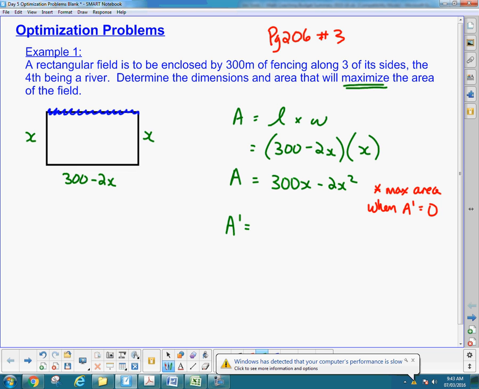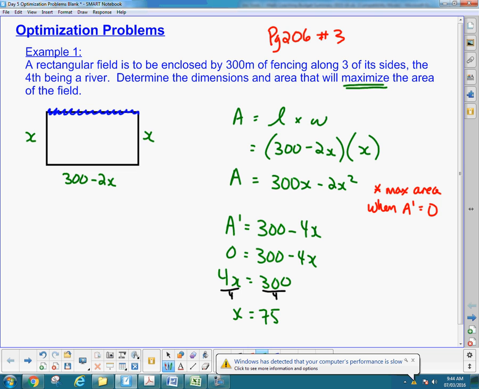A prime is, so the derivative of 300x is just 300. The derivative of negative 2x squared is negative 4x. We set this equal to 0. Solve for x, so I'll add 4x to both sides. And we get x equals 75. So that's the value for x that's going to get us the biggest area.